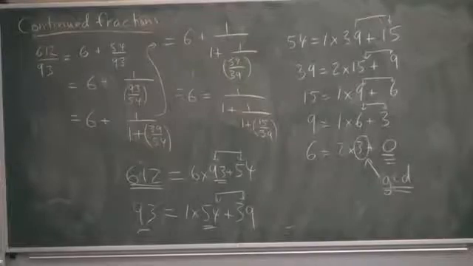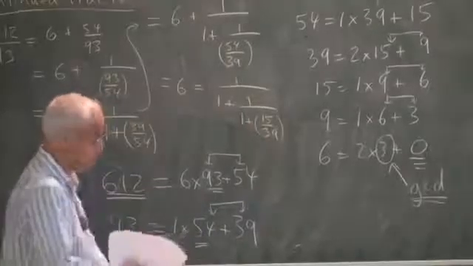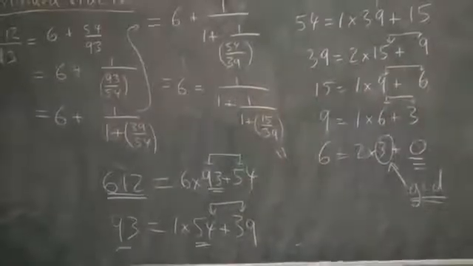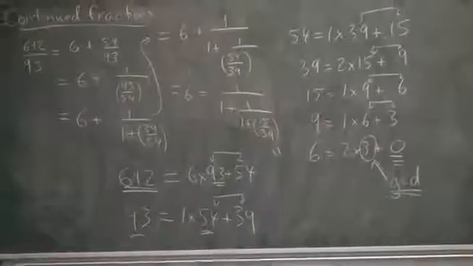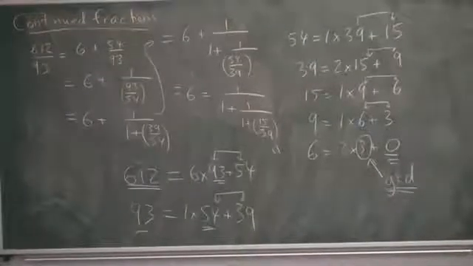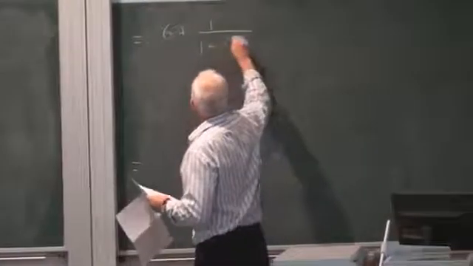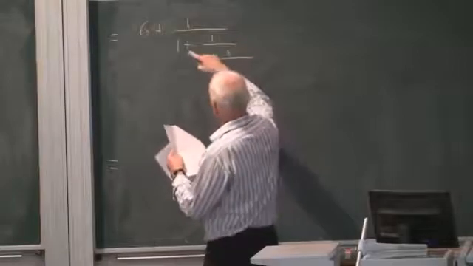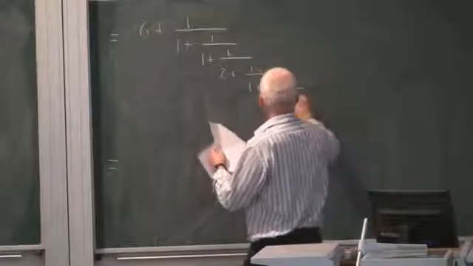And we could keep going like this, one step for each of these, until we get 6 plus 1 over 1 plus 1 over 1 plus 1 over 2 plus 1 over 1 plus 1 over 1 plus 1 over 2.